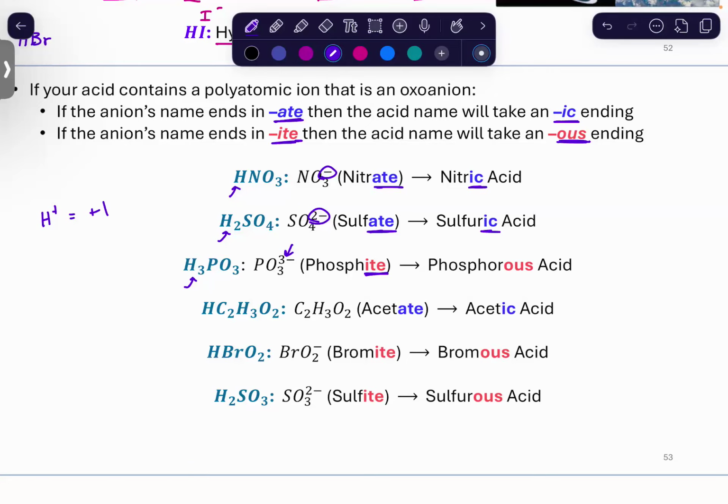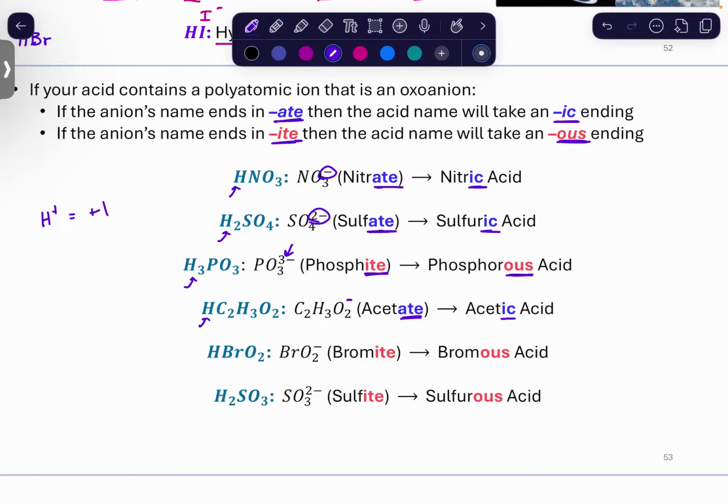But here, this is phosphite. So this is going to become phosphorous acid. The acetate ion is a -1, so it can hold a maximum of 1 proton. Acetate, ATE, becomes acetic acid.